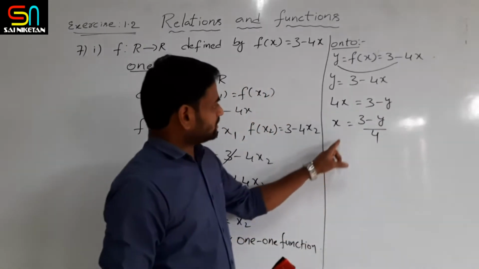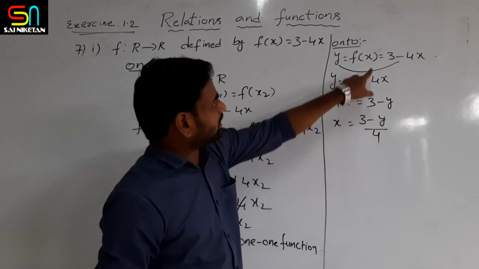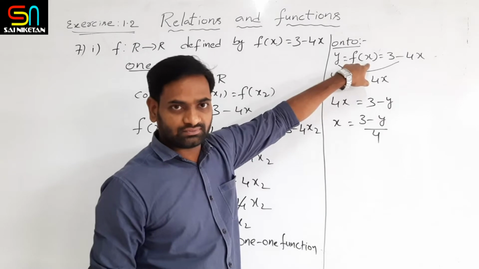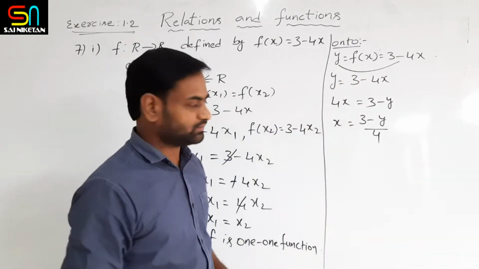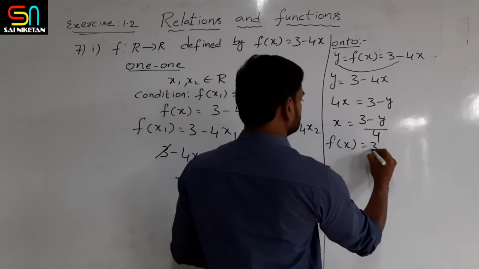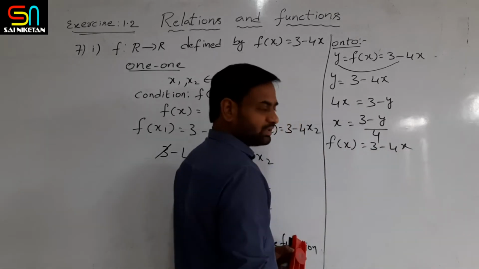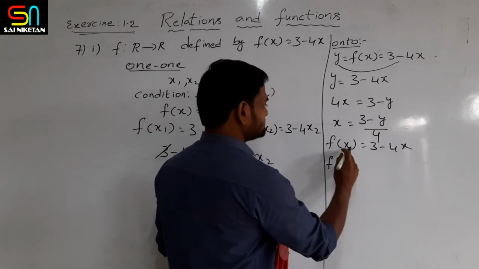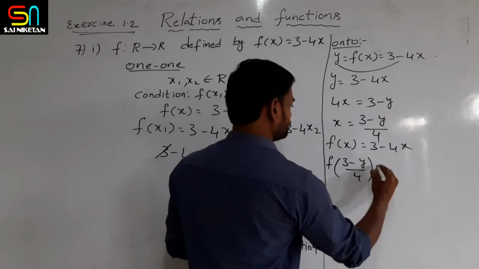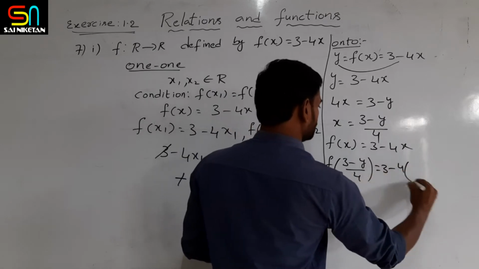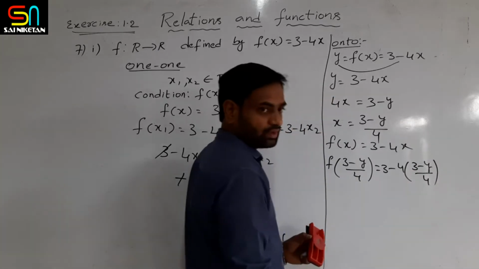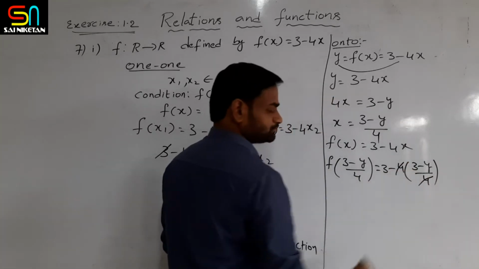Now here, substitute the x value in f(x). If the answer is y, then we can say it is onto. Okay. Now, what is f(x) here? It is 3 - 4x. Now substitute. f of, what is the x value now? (3 - y)/4. It is equal to 3 - 4 times (3 - y)/4. Here the 4 gets cancelled.